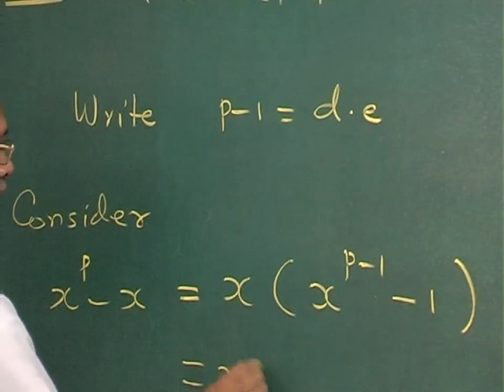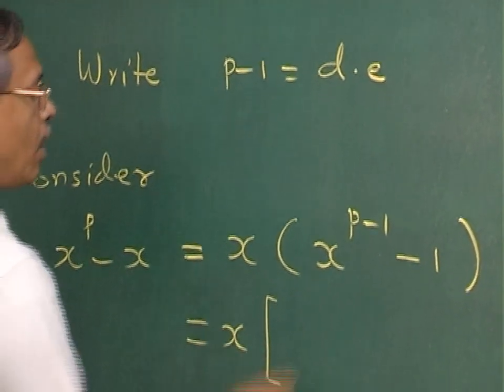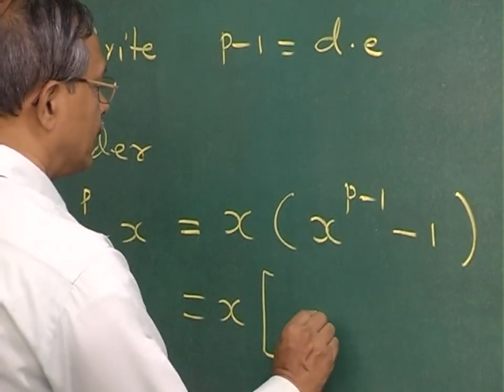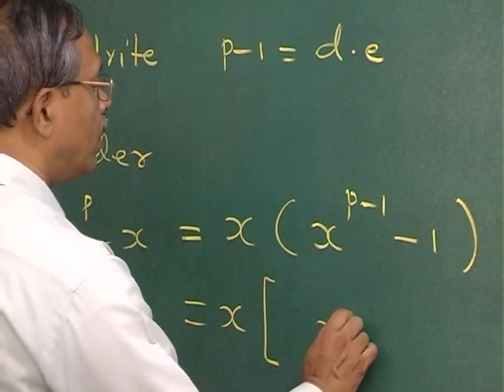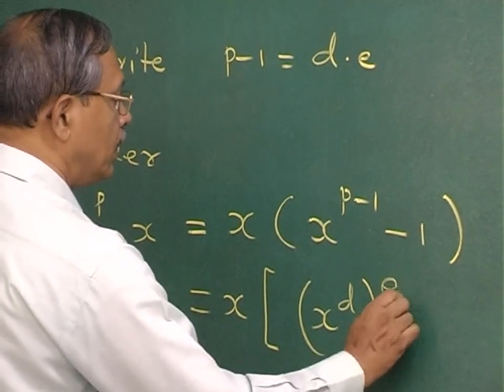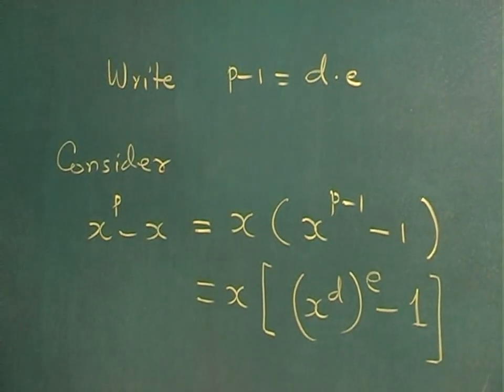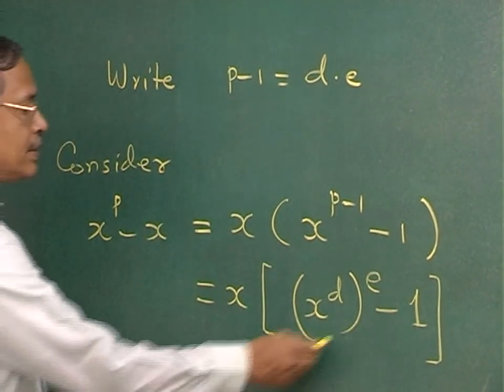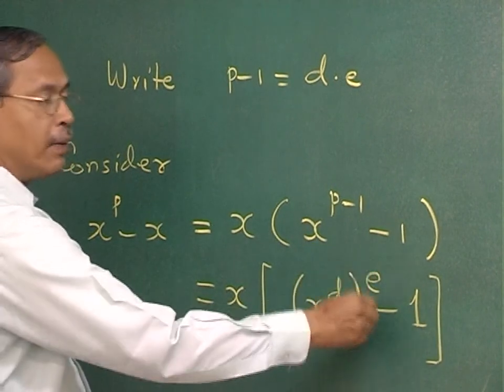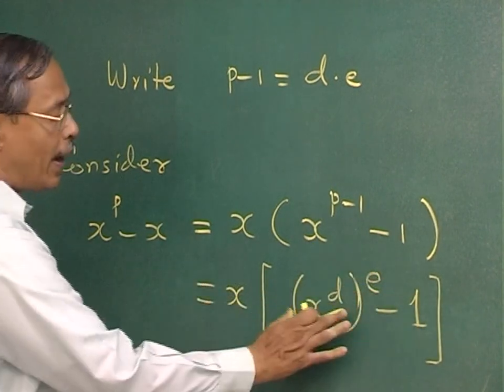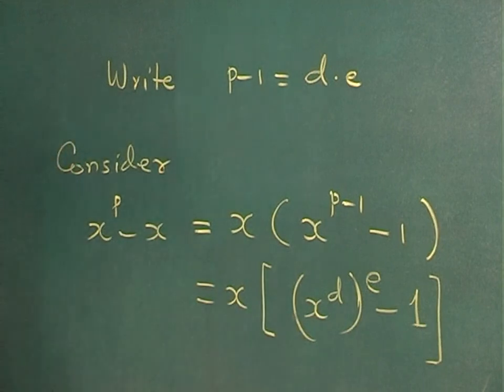This is x times x raised to p minus 1, which you can write as x raised to d raised to e minus 1. And this is like y raised to e minus 1. That has y minus 1 as a factor.